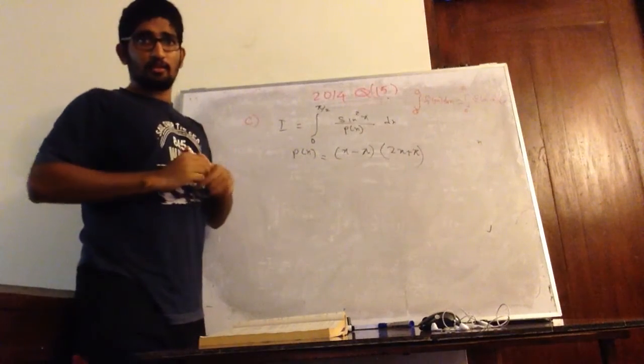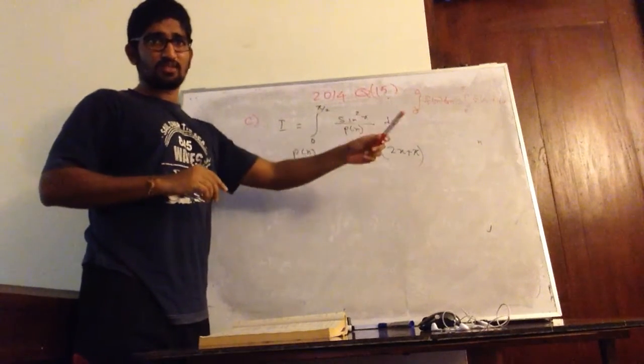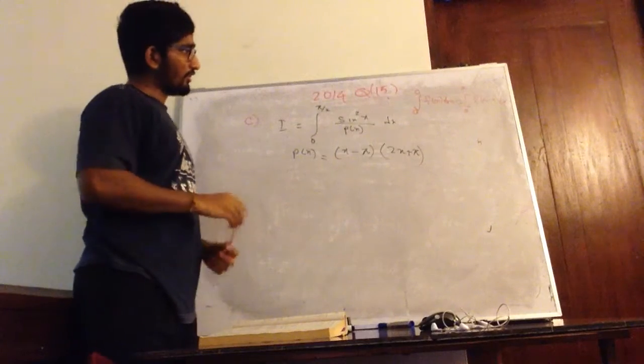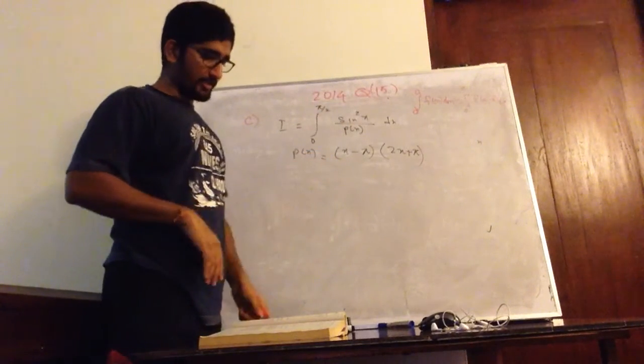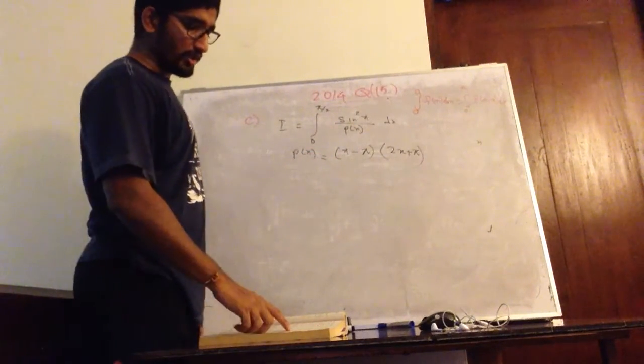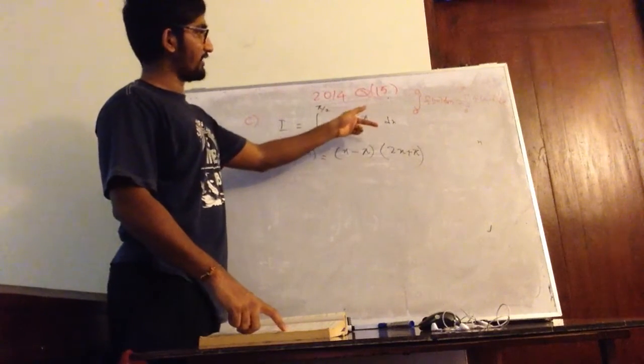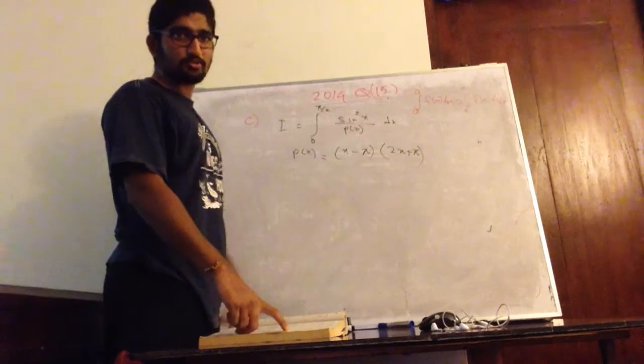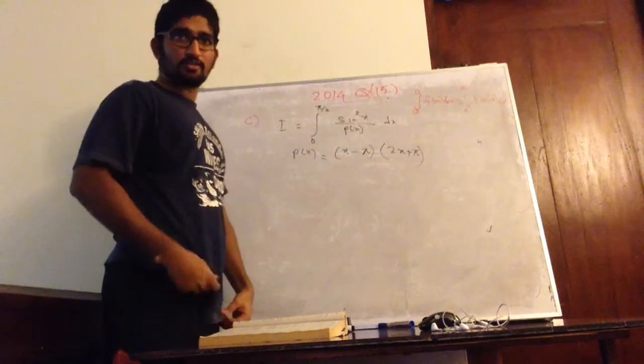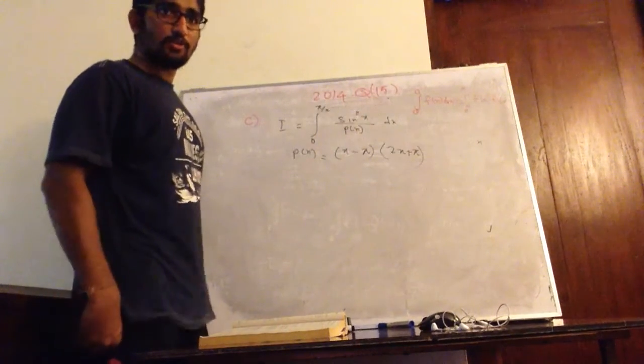So from this they are asking us to prove that I is equal to the same thing with cos squared x. So let's try to prove this now.